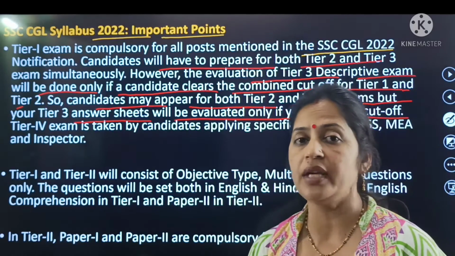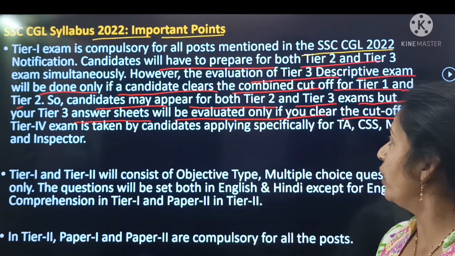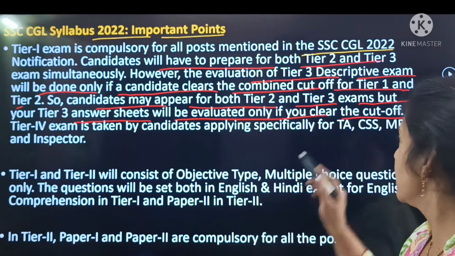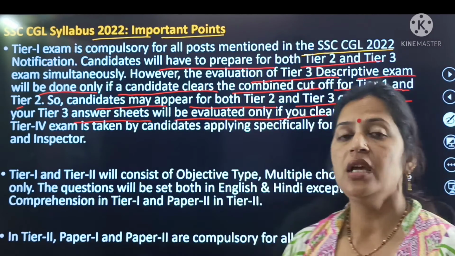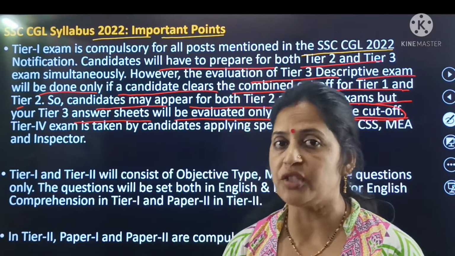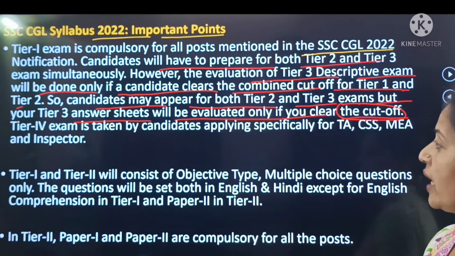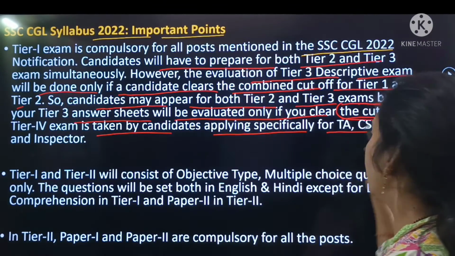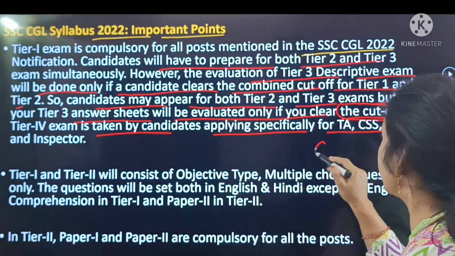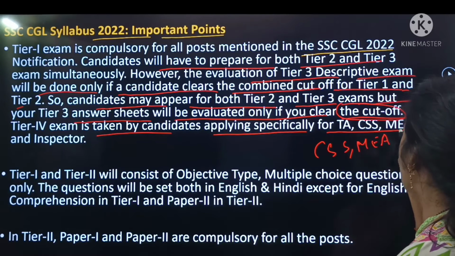It is very important to remember that tier 3 answer sheets will be checked only if you clear the cutoff. The tier 4 exam is taken by the candidates applying specifically for TA, CSS, MEA and inspector.